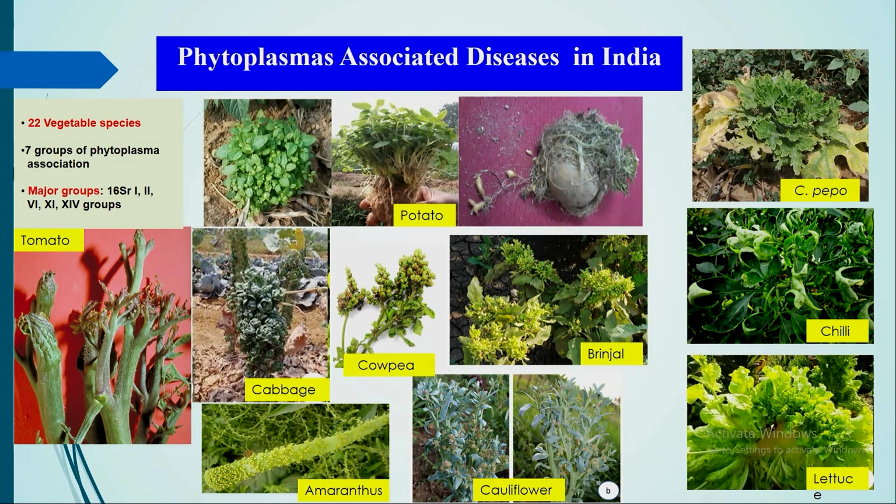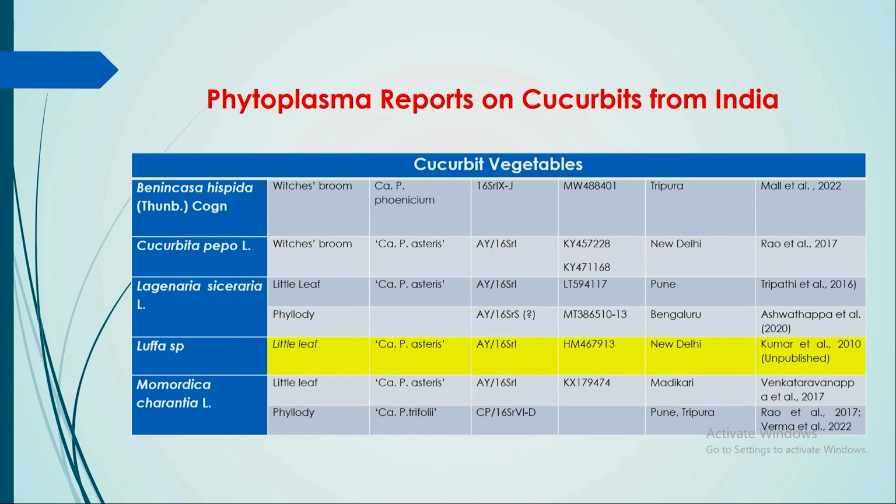But the major groups we identified are from the 1st, 2nd, 6th, 11th, and 14th groups. And out of these, brinjal little leaf, tomato big bud, cowpea proliferation, and cauliflower are the most important, followed by cucumber.